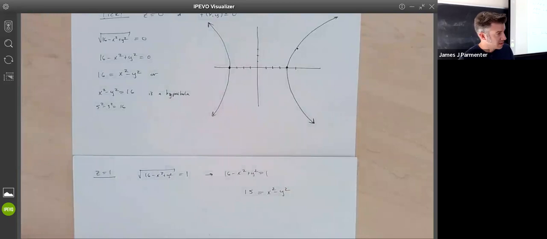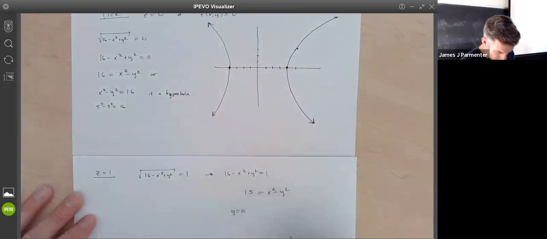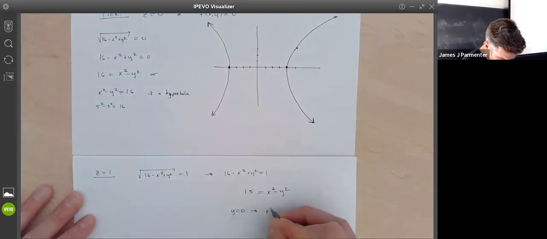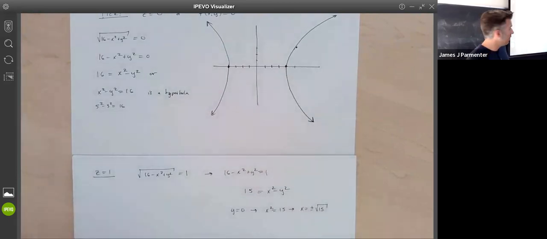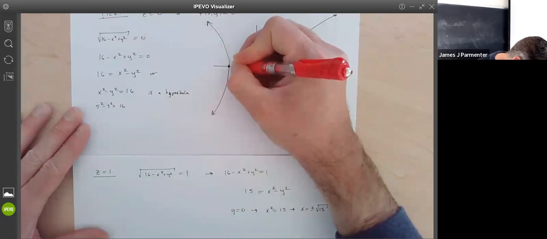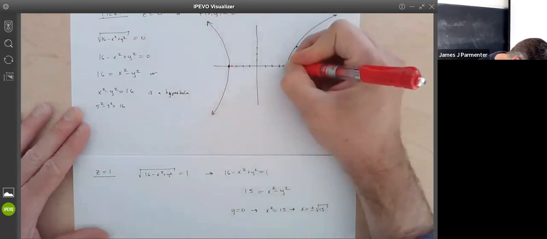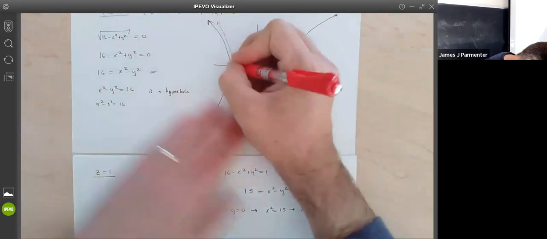So this is going to be just a little bit further in, right? Because now if y equals 0, we get x squared equal to 15. We get x equal to plus or minus the square root of 15, which is a little smaller than 4. So it would look something like this.